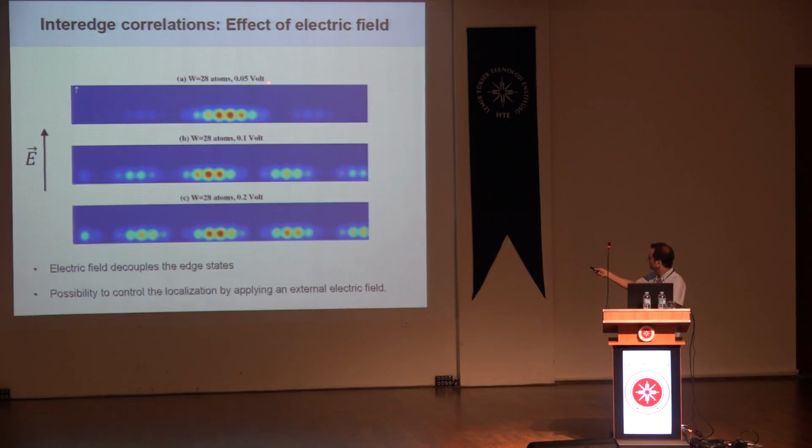Again, if you have a low electric field, you have nice localization, but as you lift the degeneracy, the coupling between the edge states is suppressed. So in the opposite edge, there is no more localization, but some delocalized charge oscillations. So this gives you a possibility to control the localization by applying an external electric field.